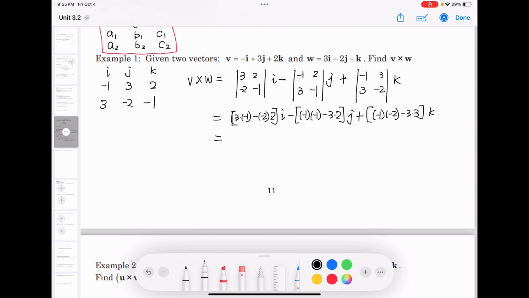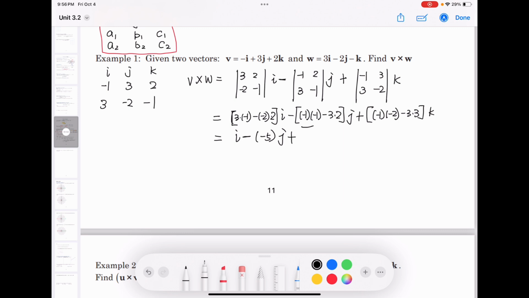In the bracket, we have negative 3 plus 4. So this is positive 1. So it is 1I. And then in the brackets, we have positive 1 minus 6 is negative 5. So minus negative 5, J, and then plus what?